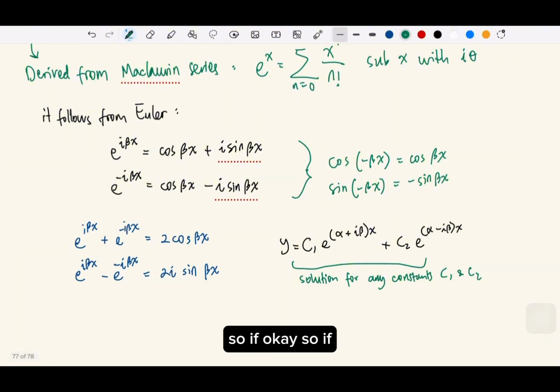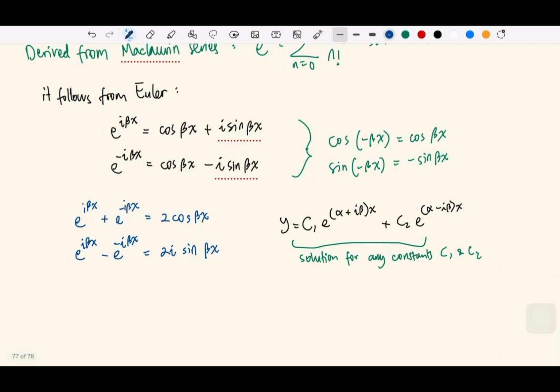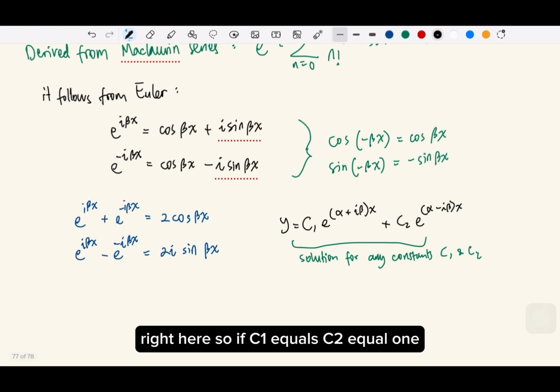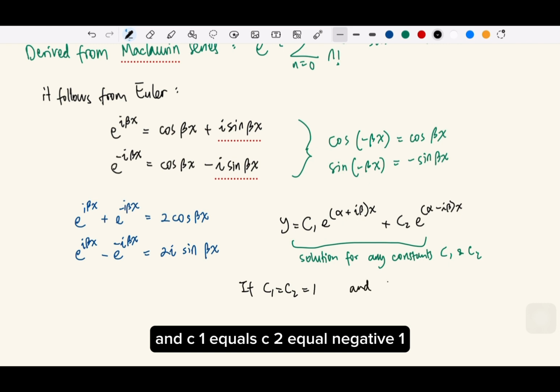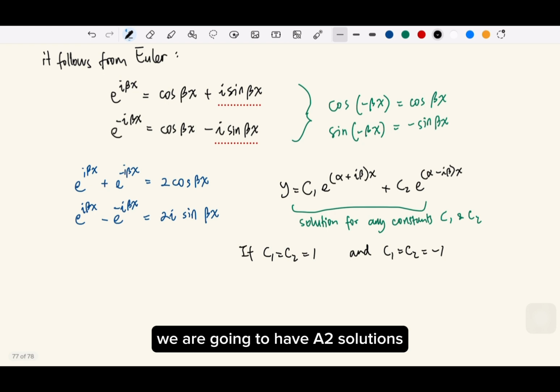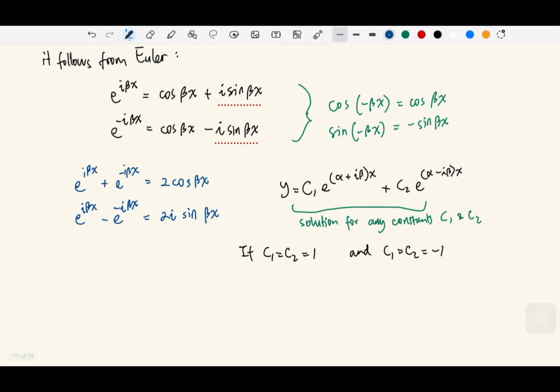So if C1 equals C2 equals 1, and if C1 is 1 and C2 is negative 1, we are going to have 2 solutions.